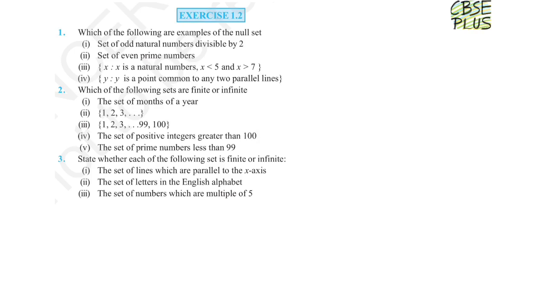First of all, we have to know what are finite sets. If the number of the members of a set is finite, then the set is a finite set. It means if we can count the number of the elements of a set, then it is a finite set.